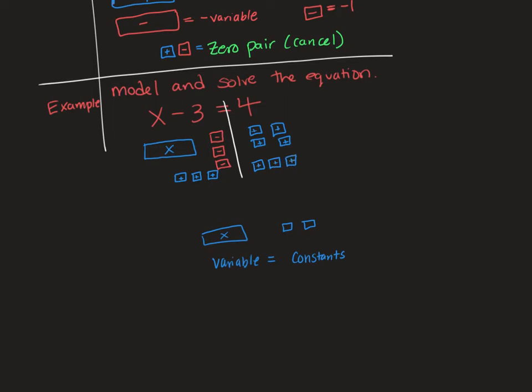And when I do that, one of these negative constants cancels out one of these positive constants. So I'm left with my variable. And remember, this down here was the goal. So I have one variable. I have half of my goal.